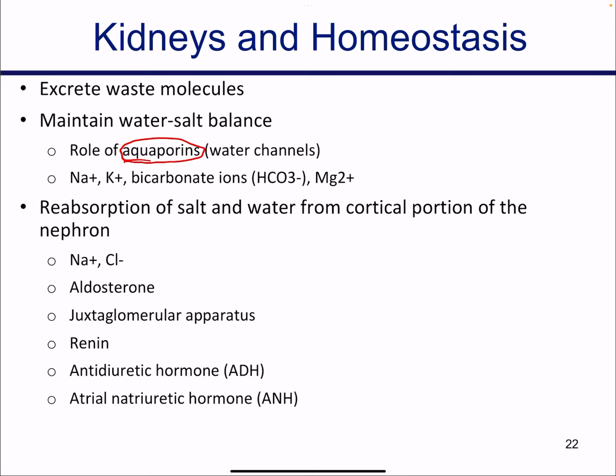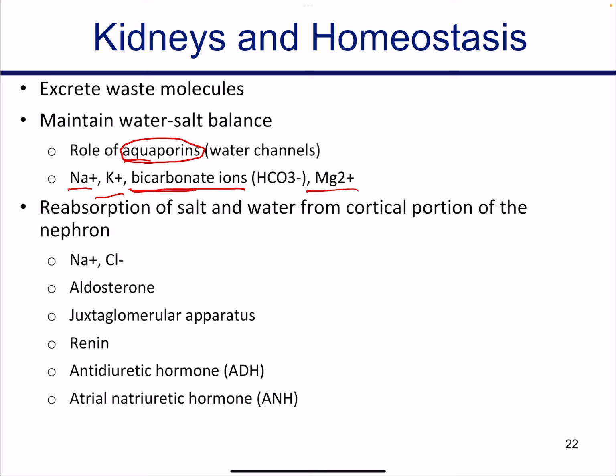It's also going to control the movement of sodium, potassium, bicarbonate, which are all ions, and magnesium. Potassium and sodium, for instance, play a very important role in the functioning of our nervous system, while bicarbonate plays a very important role in the pH, and also as a buffer.